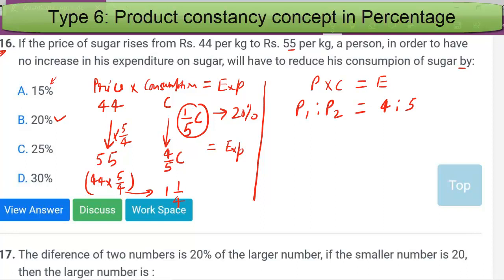So 4:5 is the ratio of P1 to P2. The ratio of consumption 1 to consumption 2 has to be just the reverse, that means 5:4. From 5 it has been reduced to 4, so 1 unit reduction in 5, so 1 by 5, that is 20%, right? So here also you are getting the value as 20%. So B is the answer.